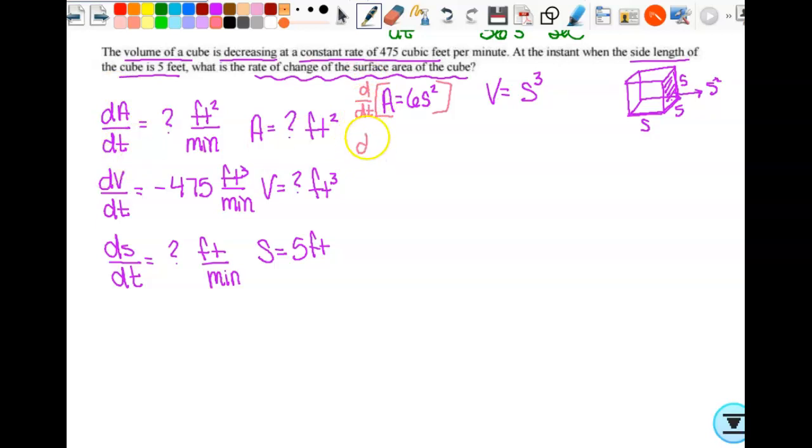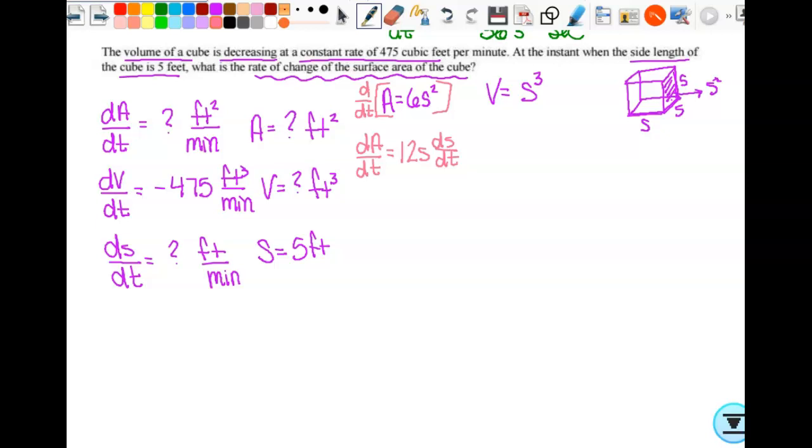So this gives me dA/dt equals what? 12S ds/dt. Okay, we good? Do we know ds/dt? No, we don't.